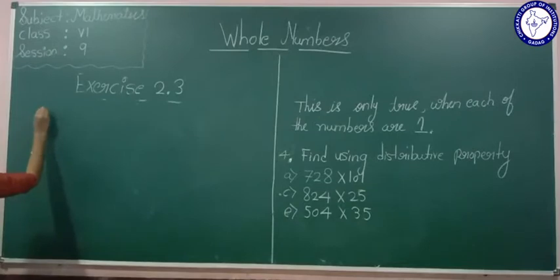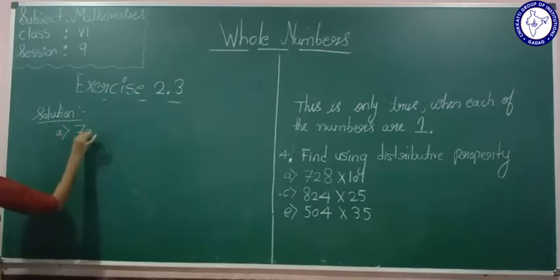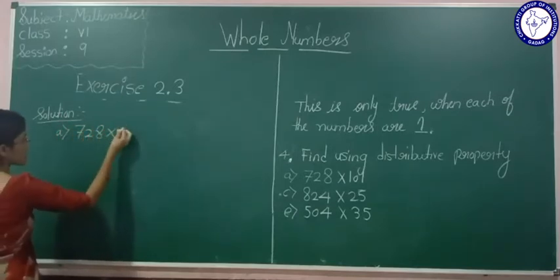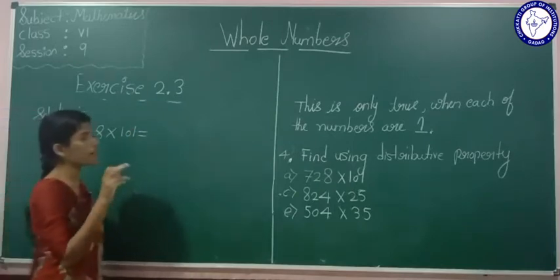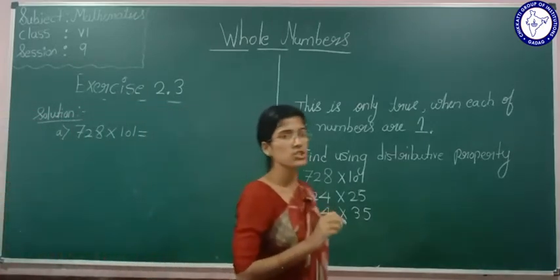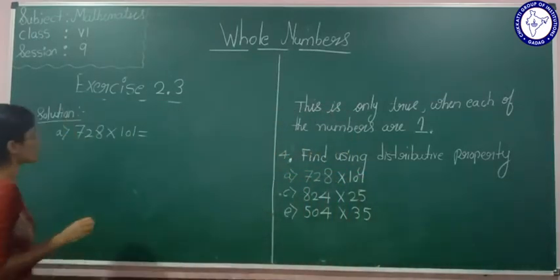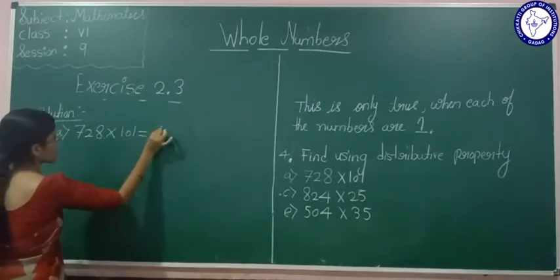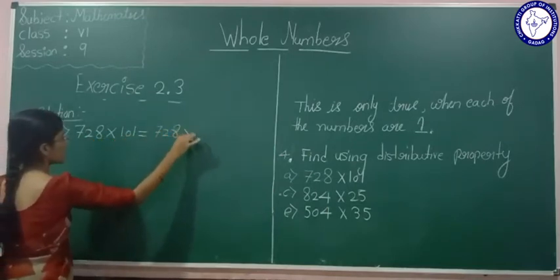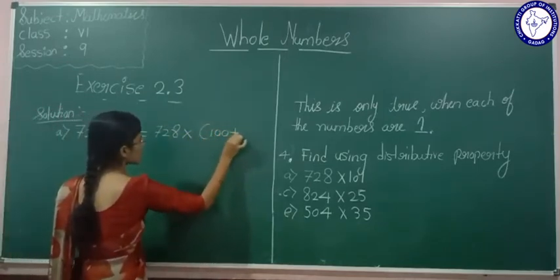Now see here. Solution. A1: 728 multiplied by 101. They told particularly to solve this by using the distributive property. 728 multiplied by 101 can be written with 101 as 100 plus 1.